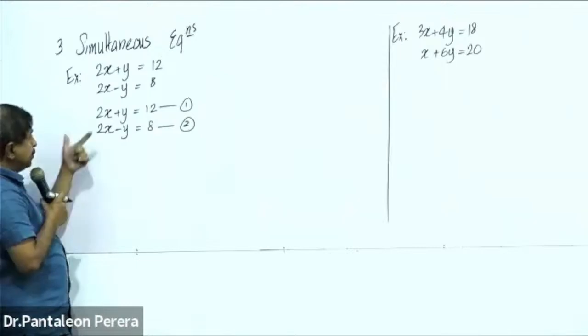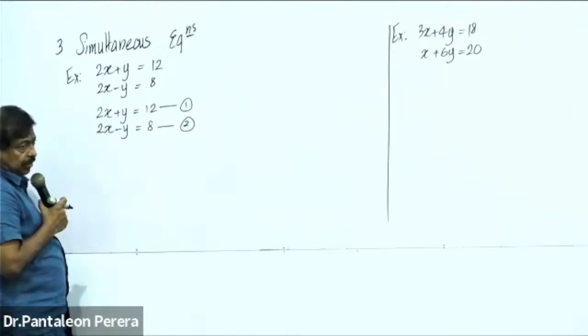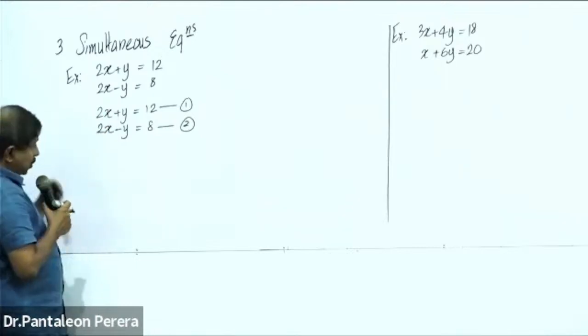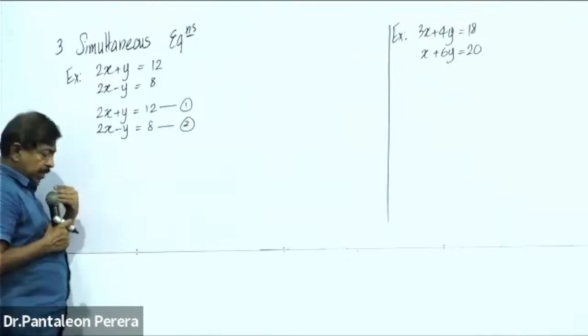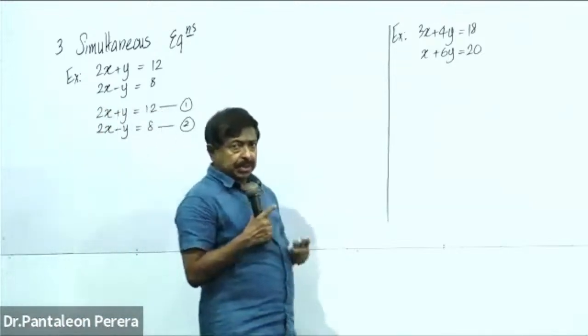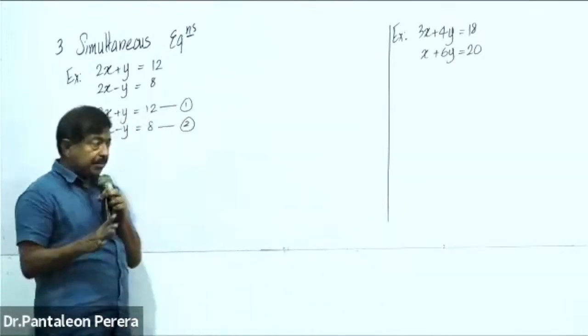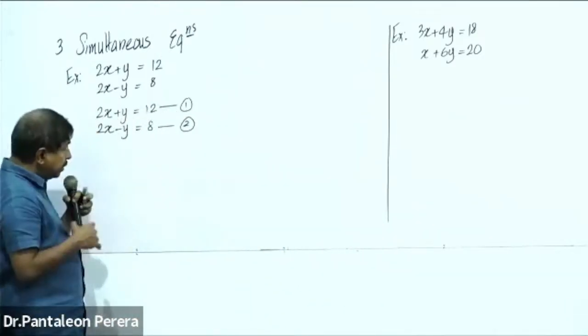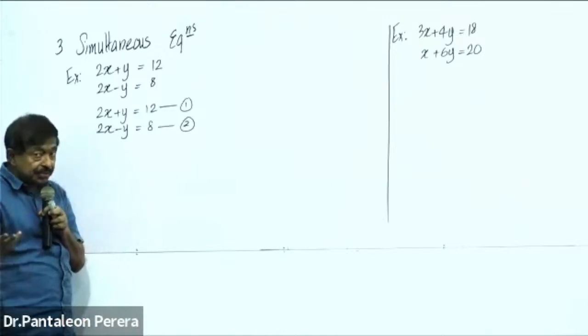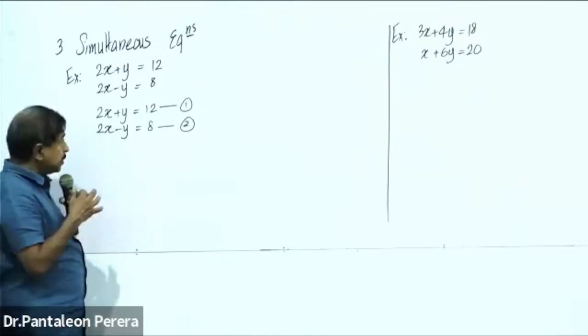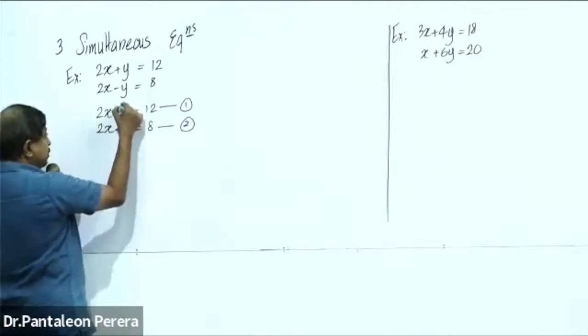When you add them, you can easily eliminate y. If we can eliminate a variable either by addition or subtraction with the same degree of difficulty, usually addition is preferred. We'll go for addition there.